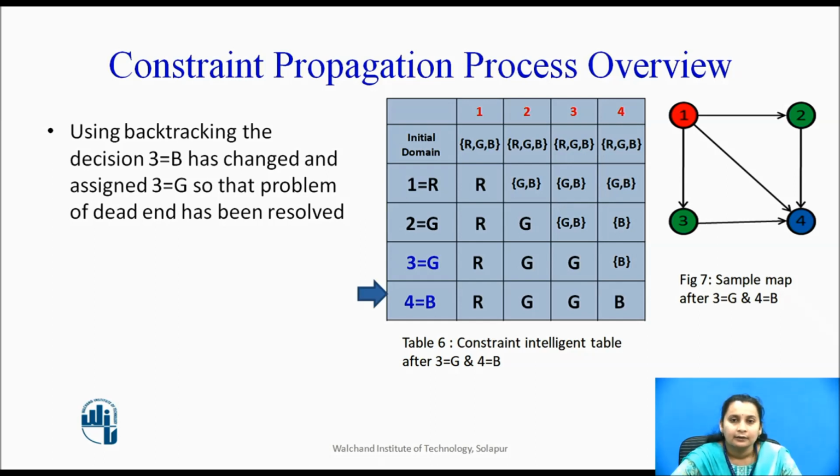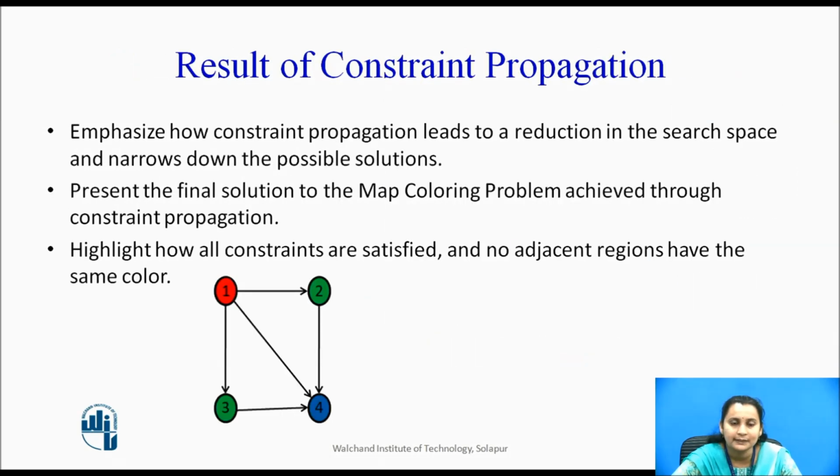So all the nodes are now colored, and all the conditions are satisfied because every adjacent node has a different color. 1 and 2 have different colors, 1 and 3 have different colors, and 3-4, 2-4 and 1-4, all adjacent nodes have different colors. So this is the result of our constraint propagation.